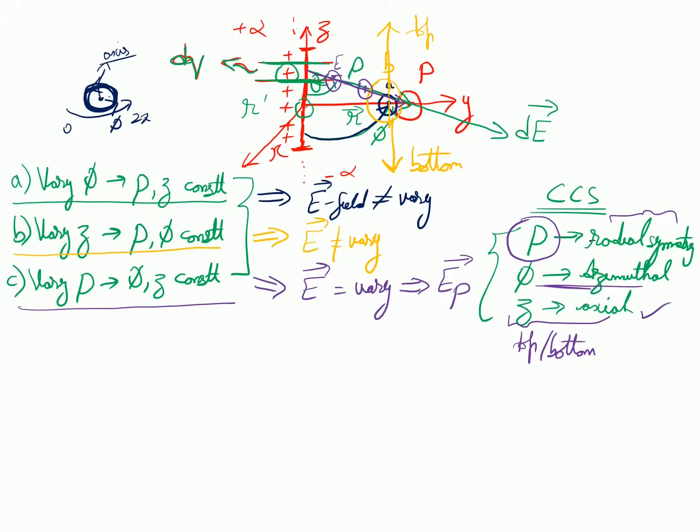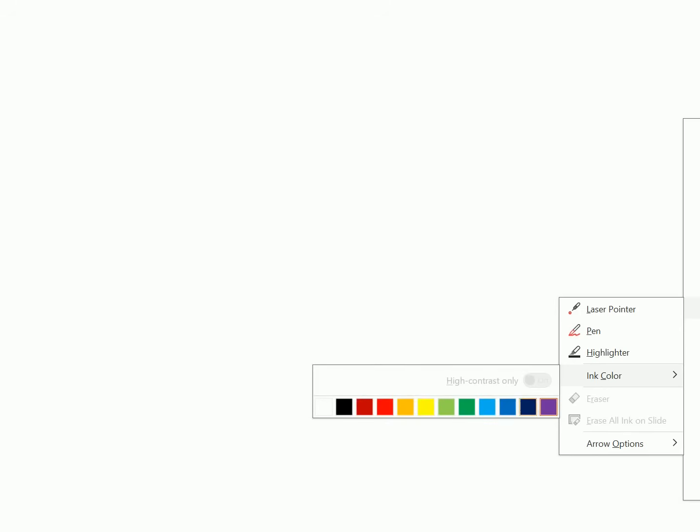Now let us come to the second point of the discussion, and that is to prove the electric field equation for the line charge distribution. So in order to prove the electric field equation for the line charge distribution, let us again draw the axes of interest and populate them with the correct values.